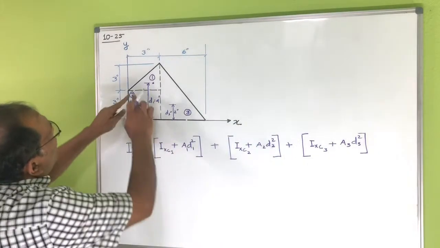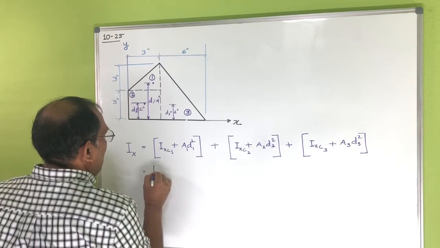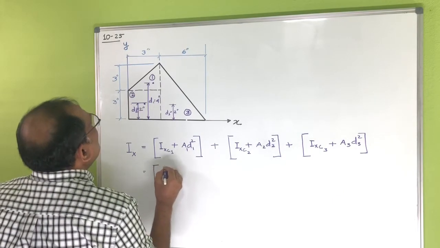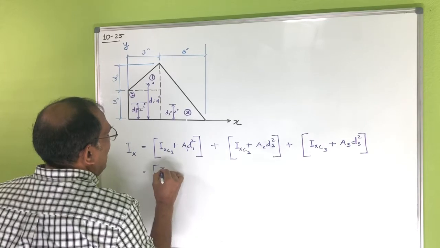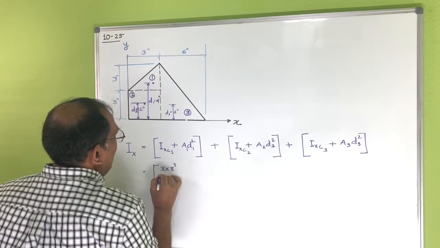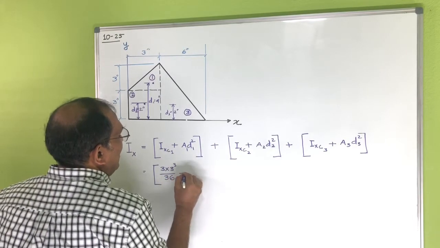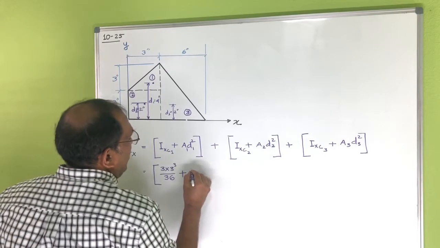For component 1, this is a triangle, so it has to be b h cubed by 36, so 3 into 3 cubed divided by 36, plus A d square. What is A?